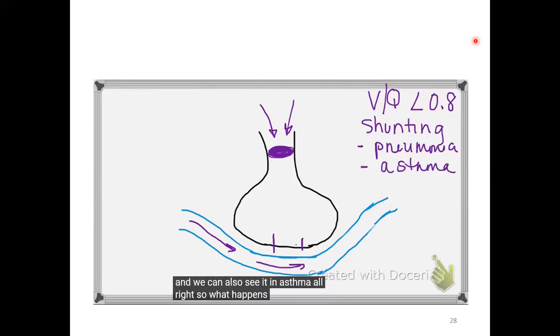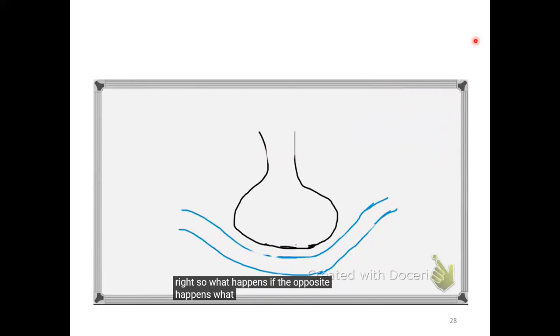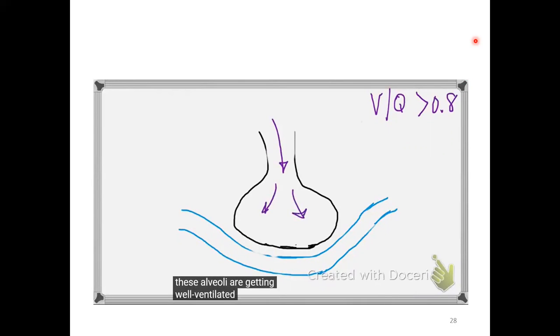All right, so what happens if the opposite happens? What happens if our VQ ratio is greater than 0.8? What that means is that these alveoli are getting well ventilated, but those capillaries are not getting perfused.